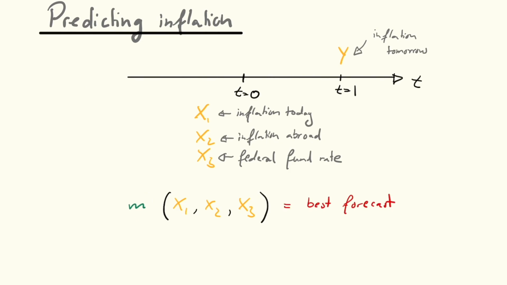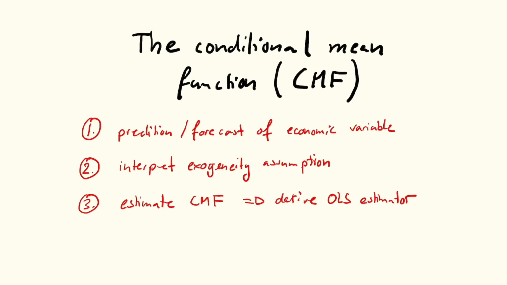This shows that the conditional mean function, or CMF, is important when we want to make predictions or forecasts. We'll get back to prediction and forecasting problems later in this course. For now, we move on to point 2, interpreting the exogeneity assumption.